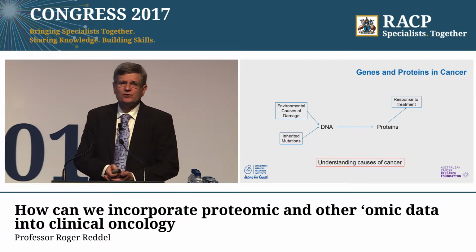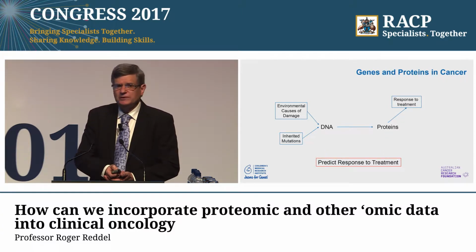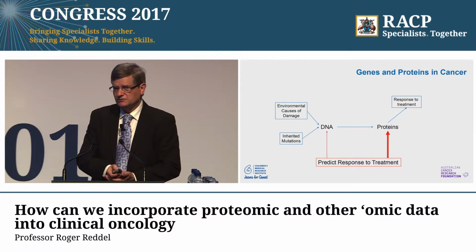So if we want to understand the causes of cancer, a lot of the emphasis has very rightly been on understanding DNA and less on proteins. But if we want to predict response to treatment, much less emphasis on DNA because proteins are closer to the action in terms of treatment.